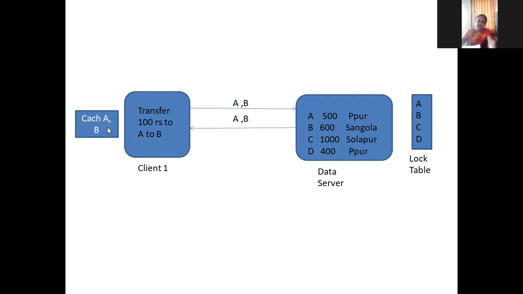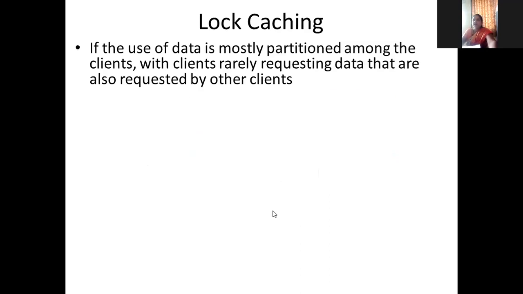They can access that data from the cache, but the client has the responsibility to check whether any other client has updated that data. So the client sends a message to the server to find out whether the data is valid or not. If it is valid, then they can acquire that lock again and perform the transaction. So that is nothing but data caching.